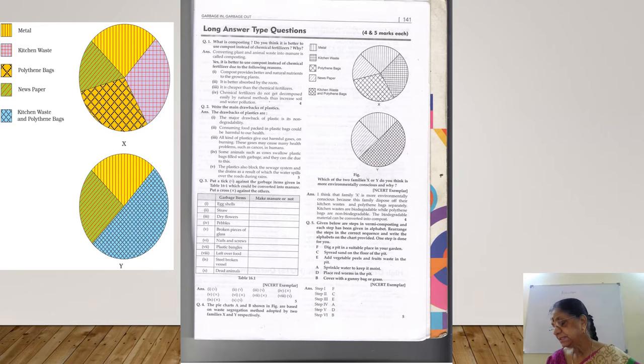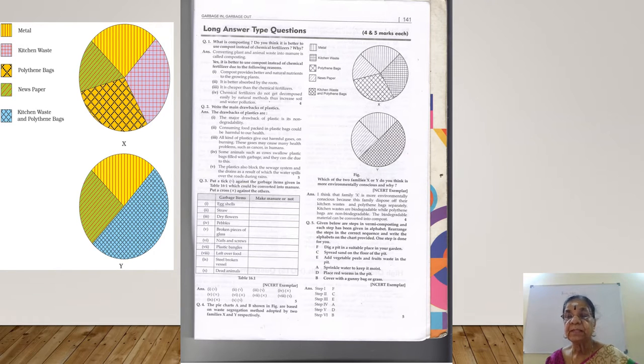The pie charts A and B shown in the given figure are based on the waste segregation method adopted by two families X and Y. The first diagram is X, the second pie chart is family Y. Now which of these two families X or Y do you think is environmentally conscious?